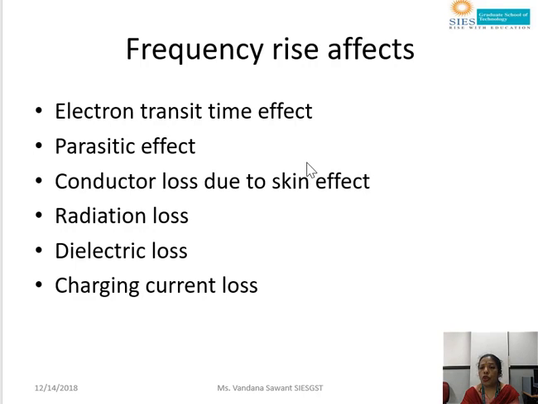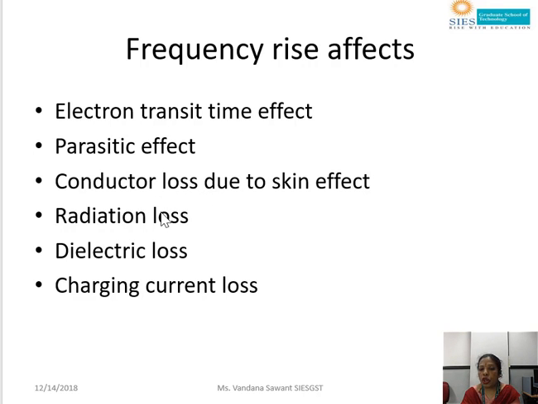Conductance is the reverse of resistance, so as the conductance increases, resistance decreases, and this decrease in resistance creates shorts in the circuits, which leads to loss of power. Conductors are everywhere; without conductors we can't have any device. So this loss due to the conductor takes place at higher frequencies and greatly affects the operation of a device.